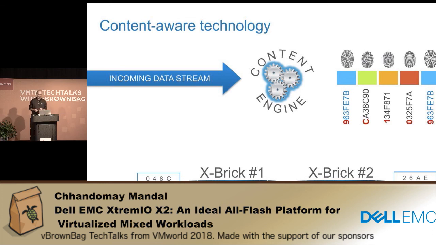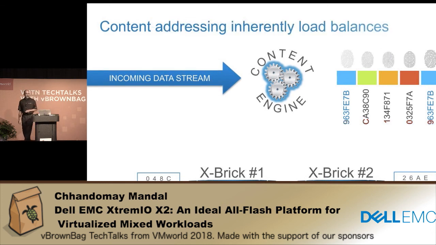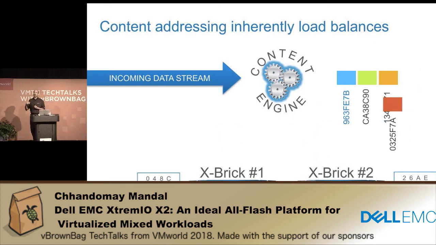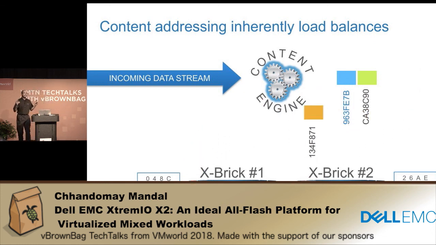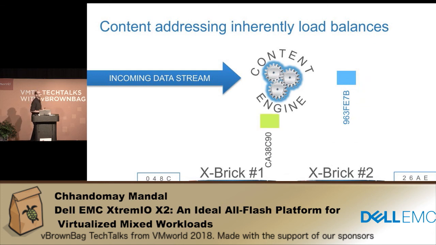For example, the first one, starting with 2, goes to controller 1 of X-Brick 2. The last one, the blue block with starting digit 9, goes to controller 2 of X-Brick 1, in the lower left-hand corner. As this data comes in, we apply this technique and put these data blocks in the appropriate position. Because of the inherent randomness, it gets evenly distributed, spanning the entire set of controllers and the entire set of SSDs.